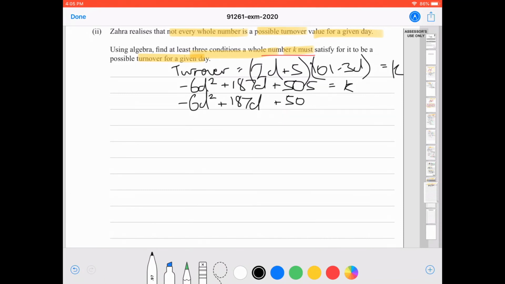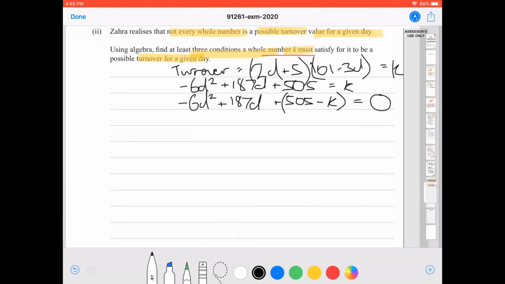And again, just think of this k as a constant. It becomes minus k. And so this 505 minus k is basically our c term here. Now this becomes hard to factorize and hard to plug into the calculator because obviously you can't solve it having this variable k in here.